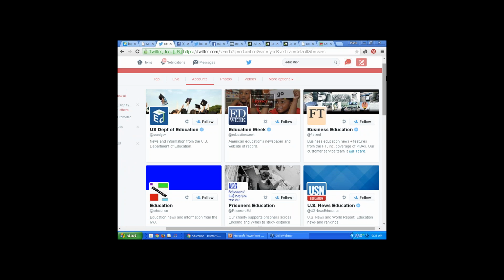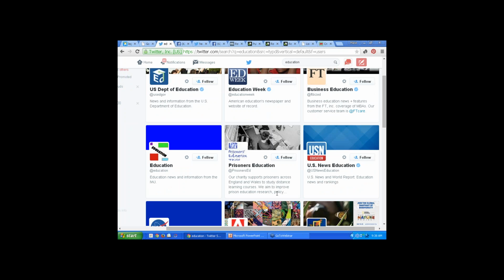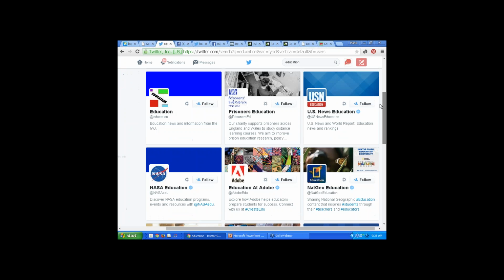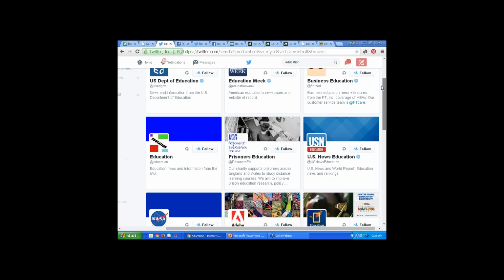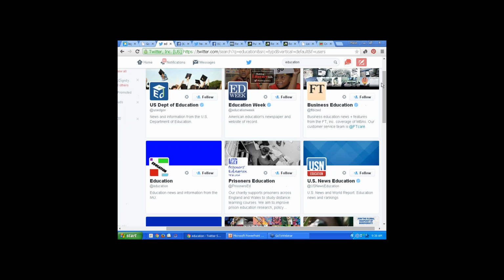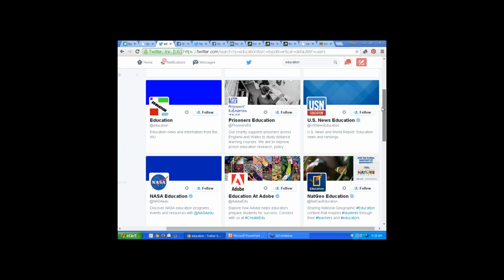And Twitter is being smart, and they're identifying exactly who is in relationship to not just education, but the fact that we follow technology, the fact that we talk about prisoners and people who are incarcerated, the fact that we deal with media. So you can see there's a lot of different things in here. You can see that there's the U.S. Department of Education, there's Education Week, there's media education, business education with Financial Times, there's prisoners education, there's U.S. News education.